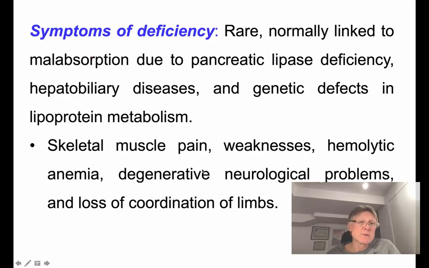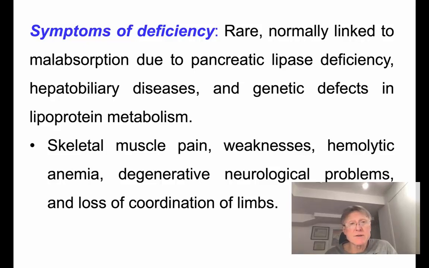So what are the symptoms of deficiency? They are rare, because as a fat-soluble vitamin, it is usually stored in the adipose tissue or in the fat compartments of the body. So they're normally linked to malabsorption. When I say malabsorption, I mean malabsorption in the gut, because you don't process properly the fat that comes with the diet.